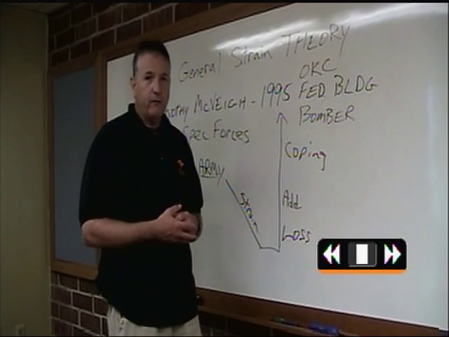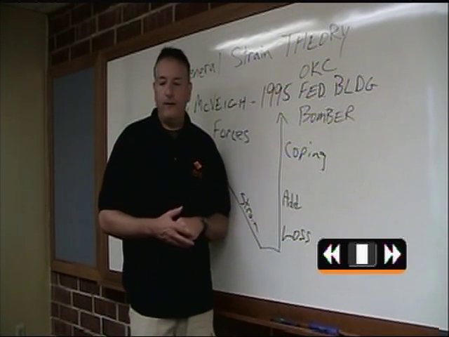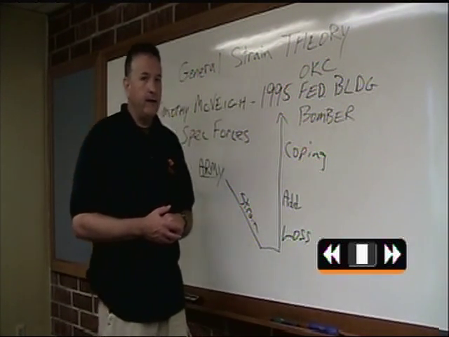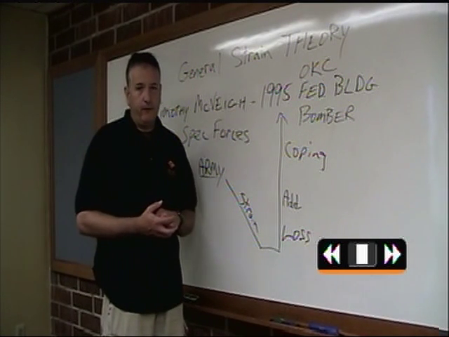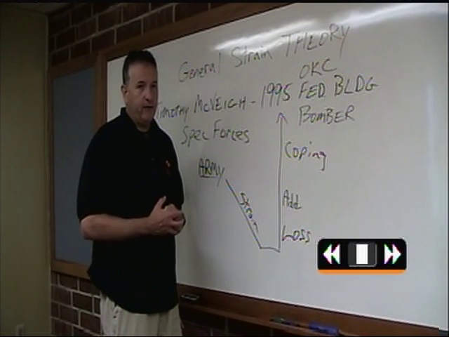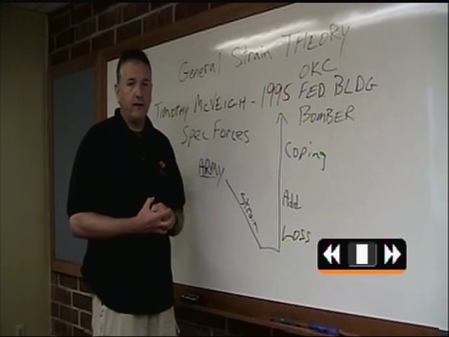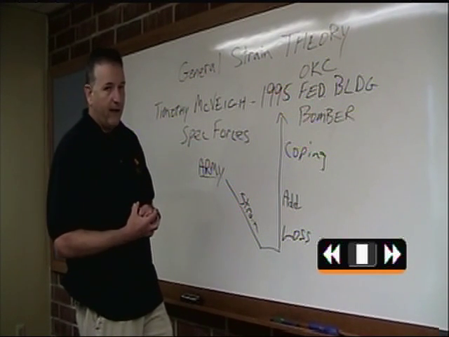In 2001, he was given the death penalty. He died without any remorse for what he had done. And the loss of life was severe, obviously deserving of that type of retribution, that type of punishment for the act that he had committed.